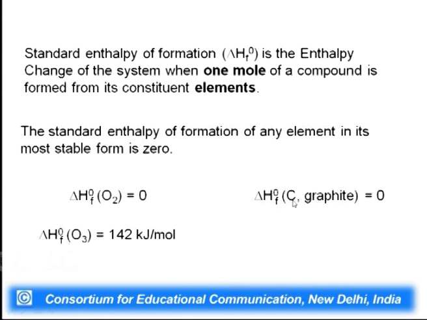Carbon's most stable form is graphite, and for this the standard enthalpy of formation is 0, whereas for diamond it is 1.90 kilojoule per mole. So, you can see graphite is the most stable form of carbon, whereas O2 is the most stable form of oxygen. For both of these, your standard enthalpy of formation is 0, not for the less stable forms.